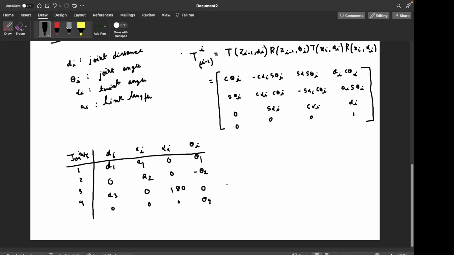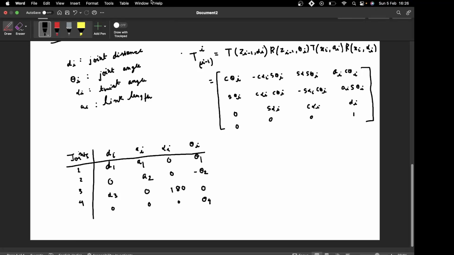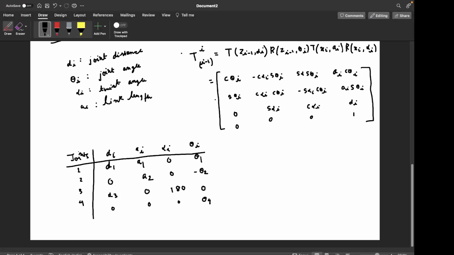So now that we have all these parameter values, one by one we can compute T01, T12, and similarly like in the previous question we did.